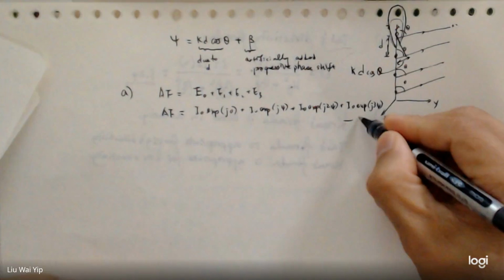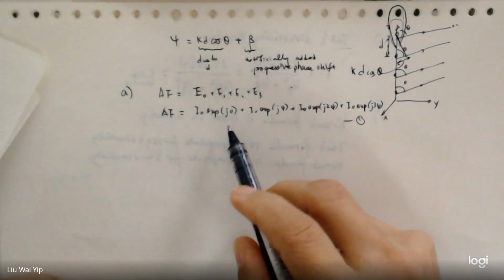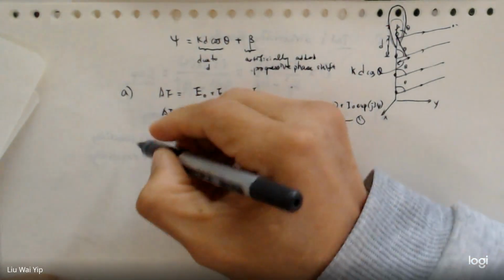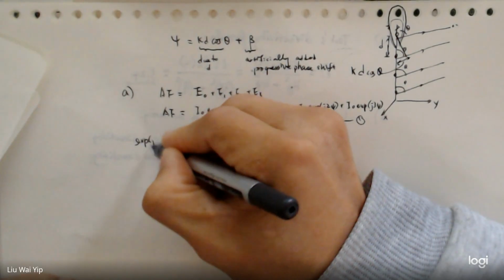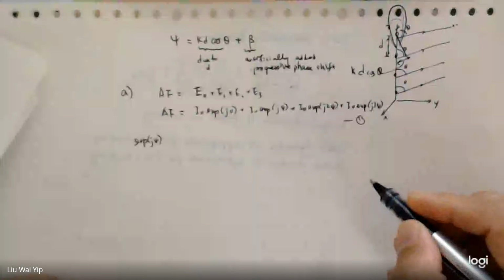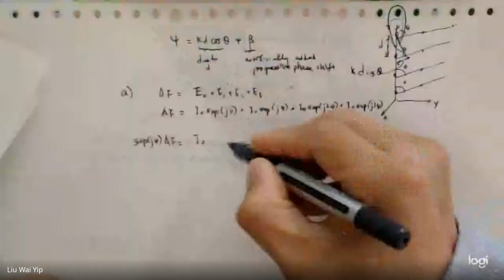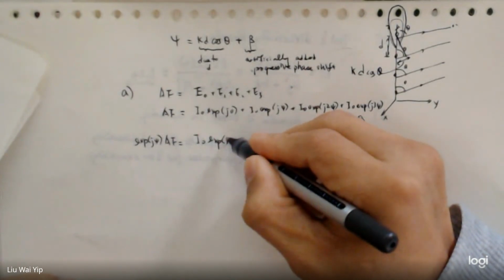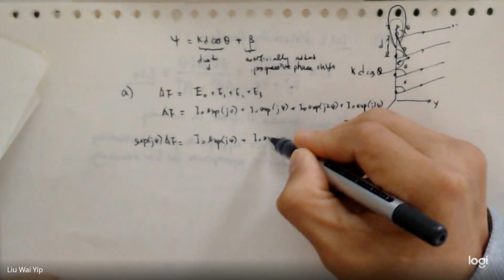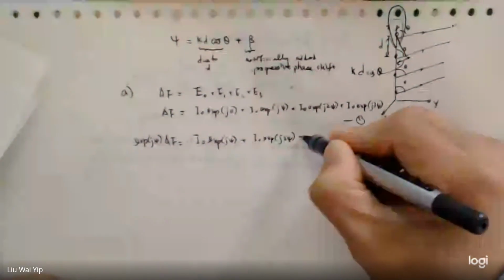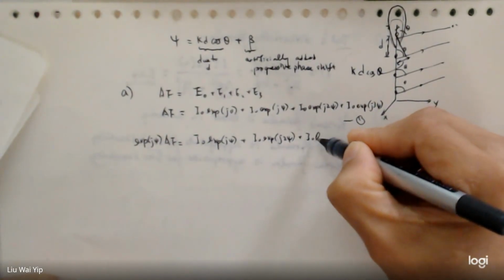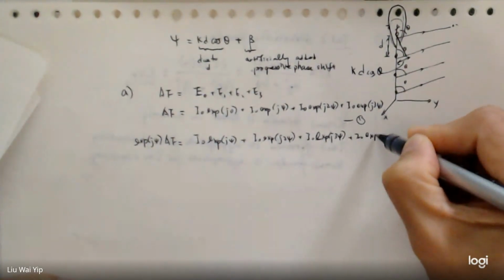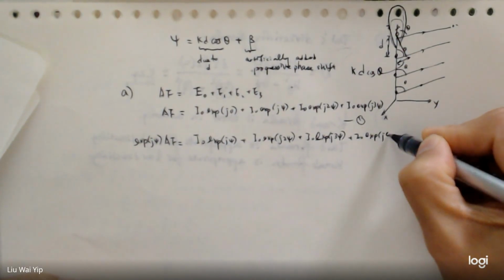Another equation that you can come up with is to multiply the whole of equation one by exponential j psi, and you get another equation.